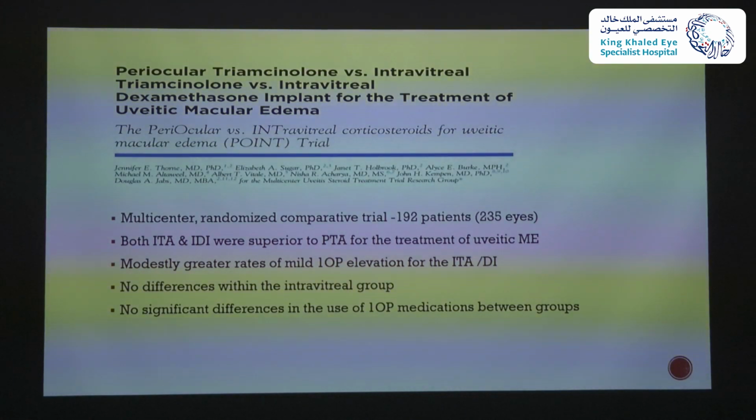There was no difference within the intravitreal group, so intravitreal triamcinolone is equally effective as Ozurdex. There is a modestly greater rate of mild intraocular pressure elevation for the intravitreal triamcinolone and dexamethasone implant.